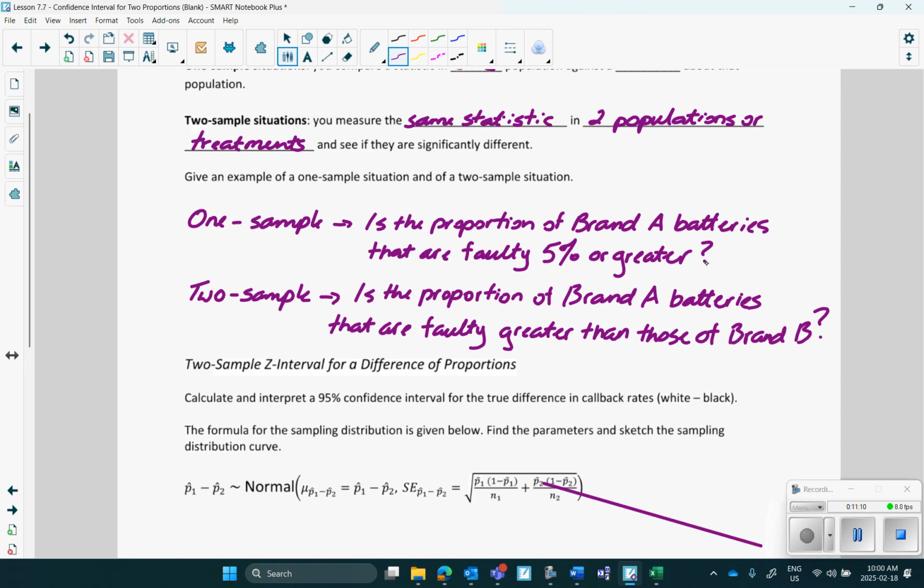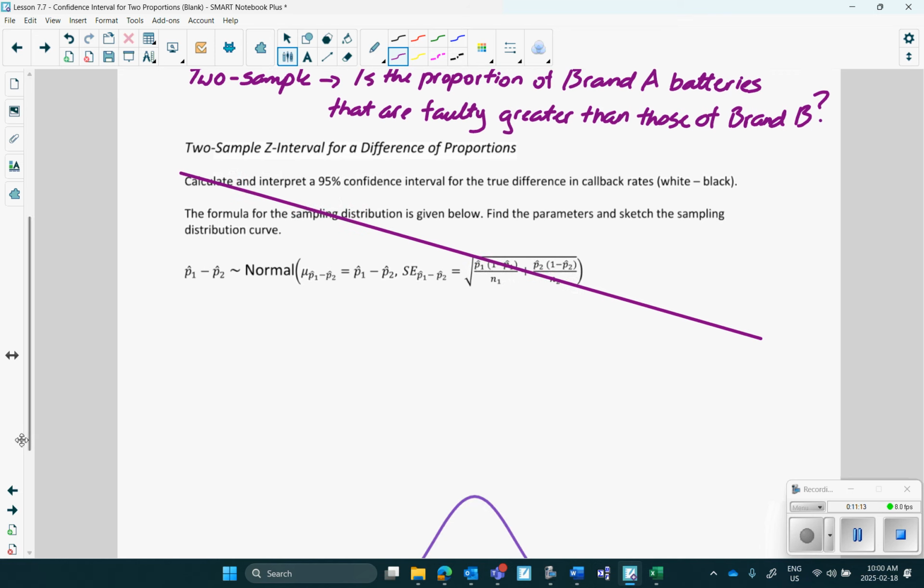Okay, so we're going to do a confidence interval. And remember, when we do a confidence interval for proportions, we call it a Z interval. We've already done one sample Z interval, so the only difference here is we're going to do a 2 sample. And again, we need 3 pieces of information.